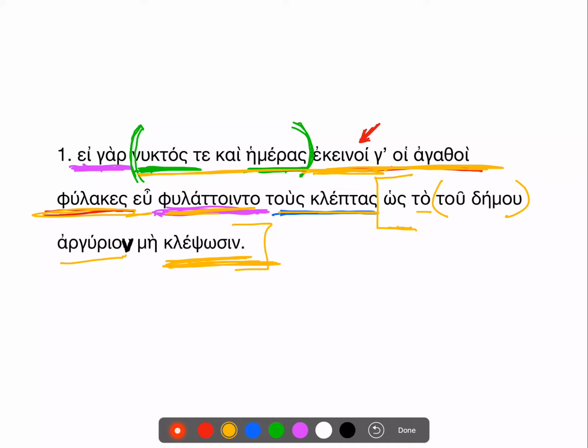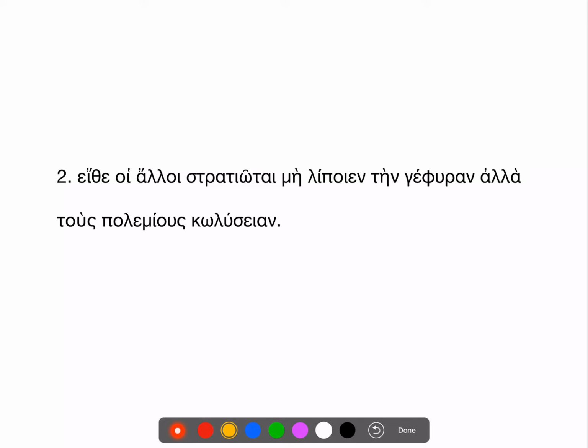So, I wish that those good guards were guarding the thieves well by day and by night, in order that they may not steal the silver of the people. Done.